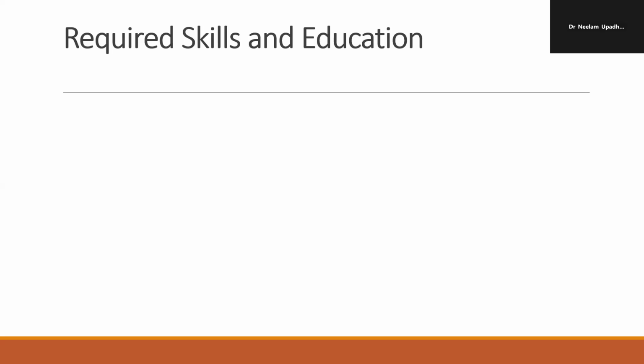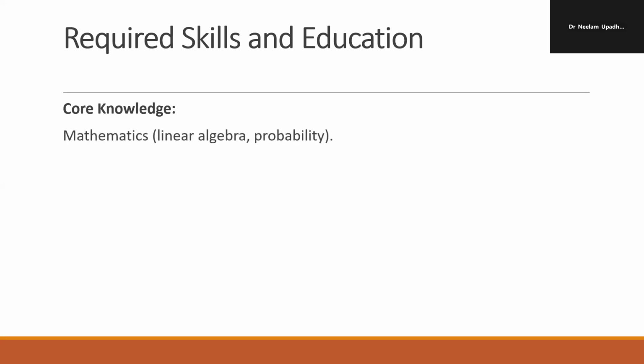Now, the next point is which skills and education are required to enter this upcoming area. First is the core knowledge. We require core knowledge of mathematics, where we need to learn linear algebra and probability. This mathematics knowledge is required for quantum computing engineers and researchers. Another important thing is physics, because quantum computing is basically based on physics, quantum mechanics.